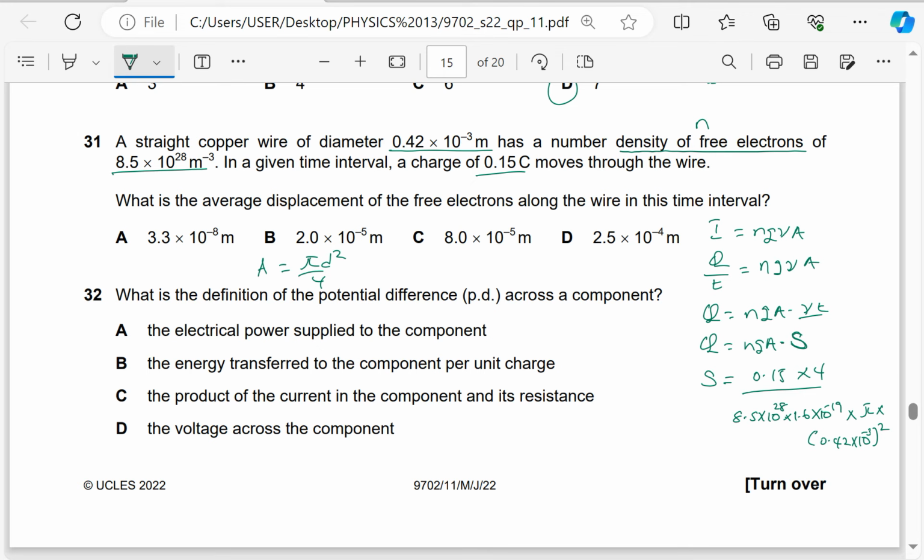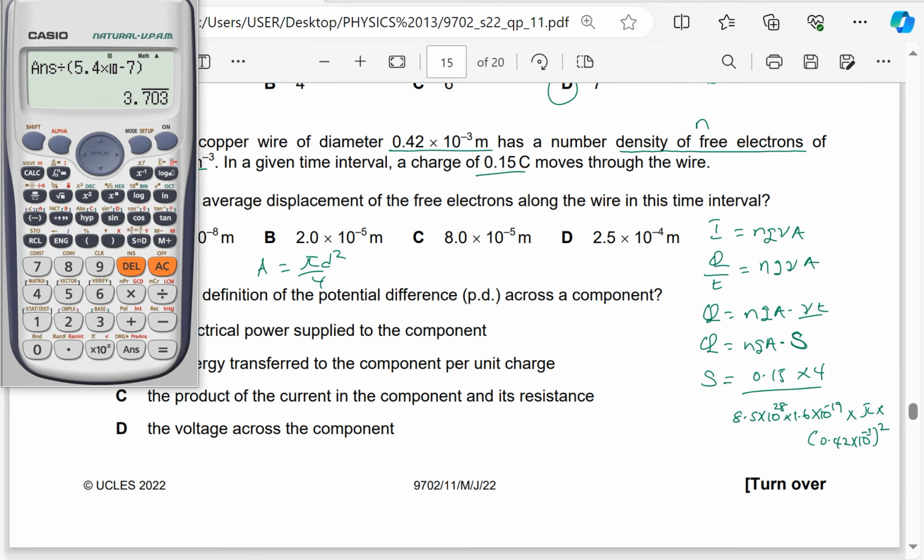Okay, so I'll just press my calculator. I'll start from the denominator: 8.5 exponent 28 times 1.6 exponent minus 19 times pi times 0.42 exponent minus 3, but this should be squared.